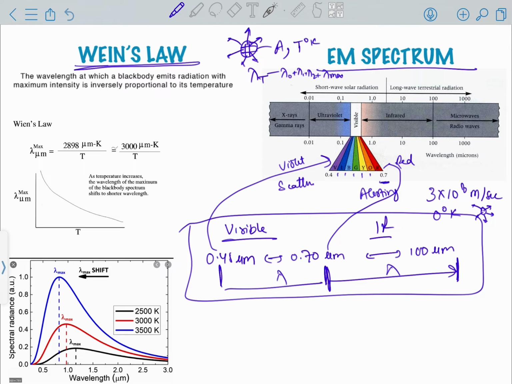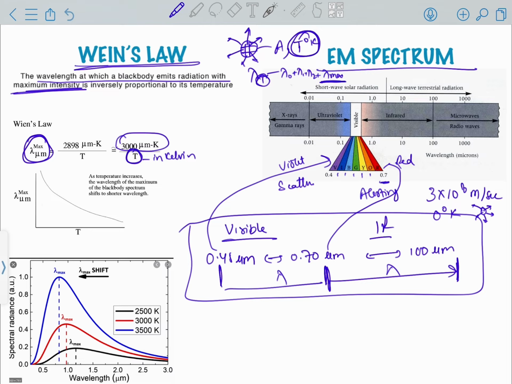Wien's law explains the relation between this maximum lambda emitted from the body and the temperature of the body. The wavelength at which a black body emits radiation with maximum intensity, lambda max in micrometers, is inversely proportional to the temperature in Kelvin, with a constant of 3000 micrometer Kelvin. So this is the formula.